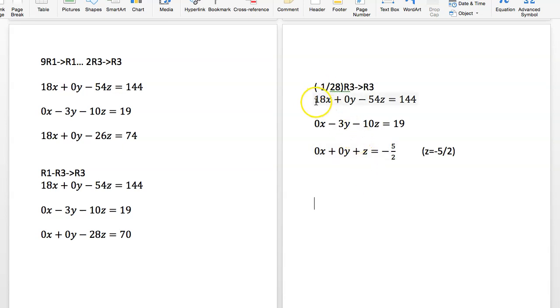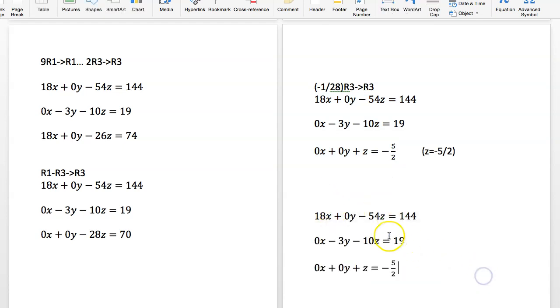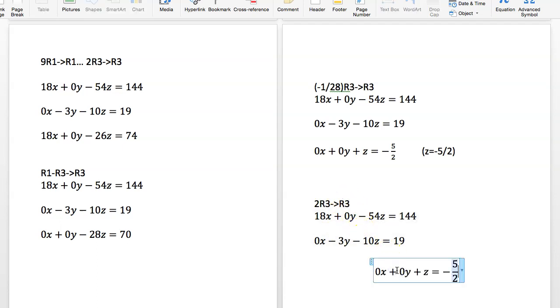Let's see. If I do 2 times row 3 and put it into row 3, I'll get -5 instead of -5 halves. But then I'm doing a lot of surgery on row 3 here. And then that -5, I've got 1Z, but I'd like -10Z.